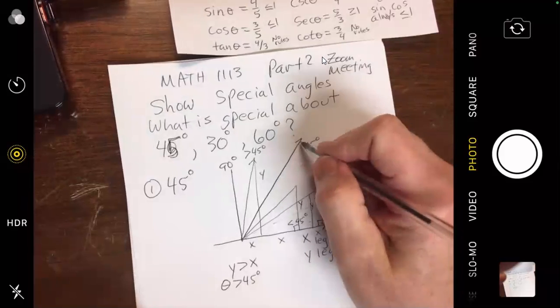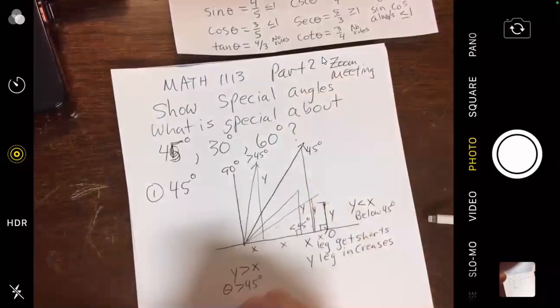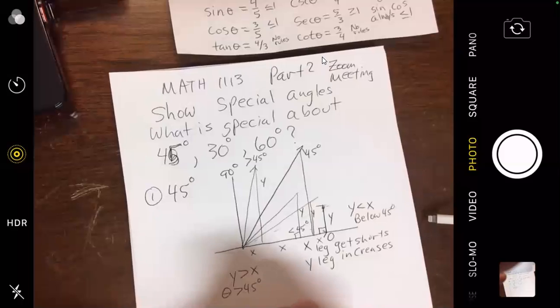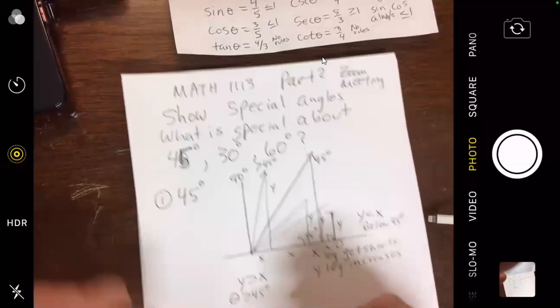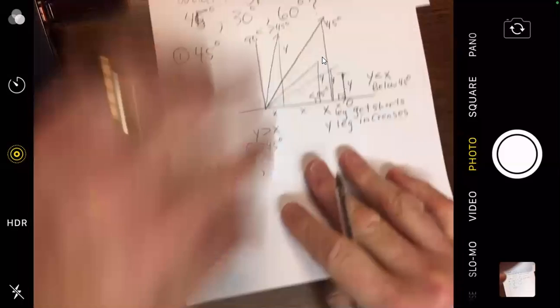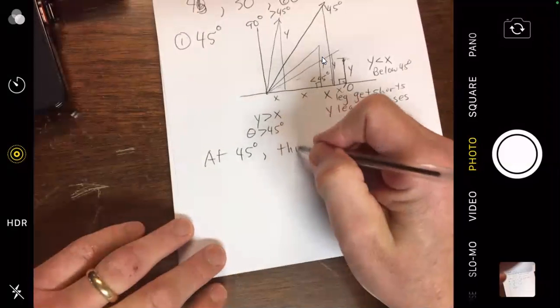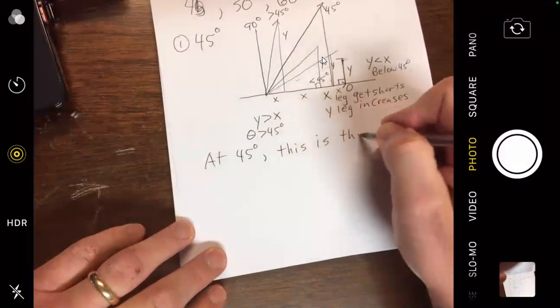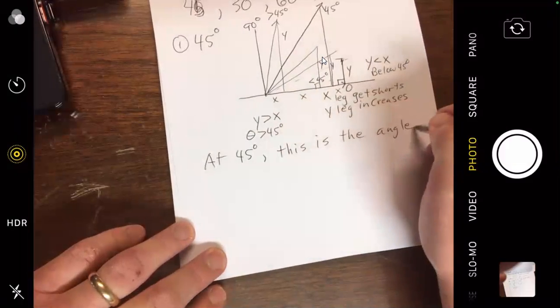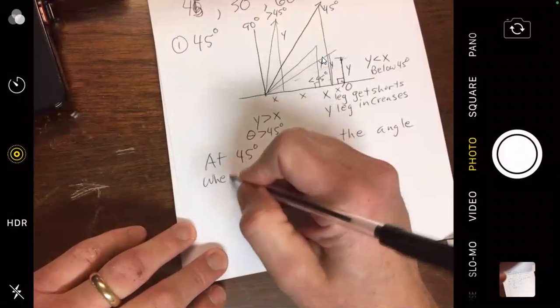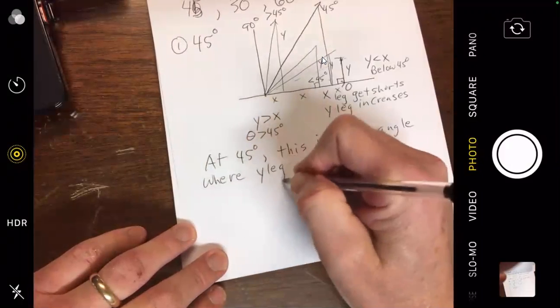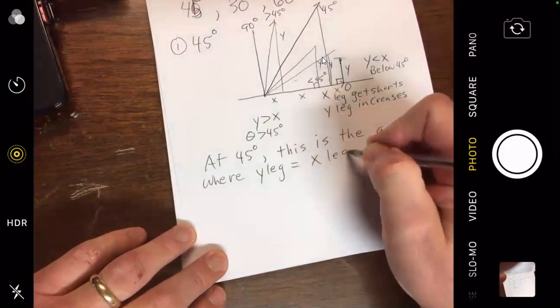So can you tell what happens at 45 degrees? This is the angle where your Y leg equals your X leg.